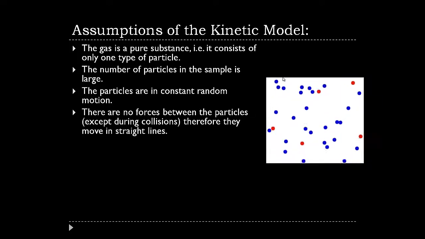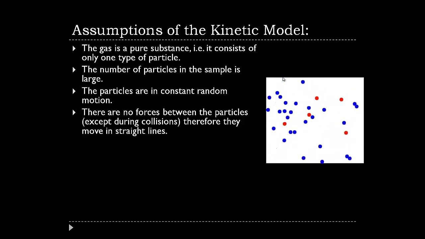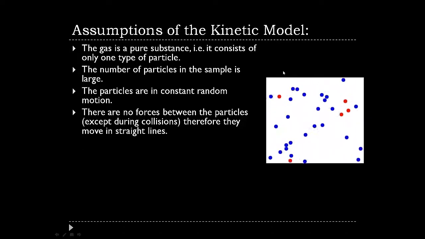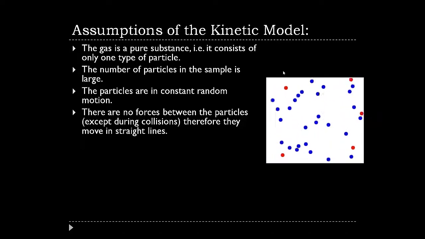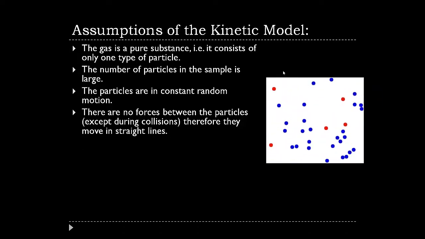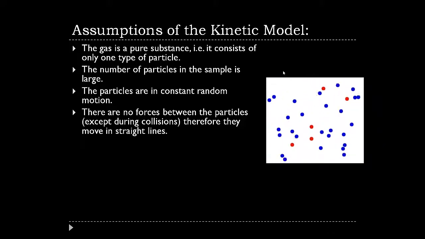We also assume that there are no forces between the particles except during the collisions. So the particles move in straight lines. This is not something like when we were looking at, for example, changes of state.